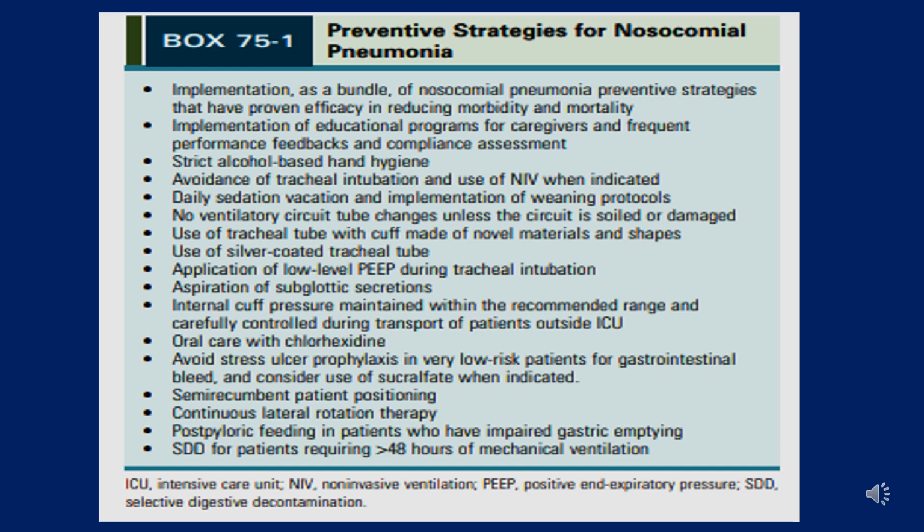Avoid stress ulcer prophylaxis in very low-risk patients for gastrointestinal bleed, and consider use of sucralfate when indicated. 14. Semi-recumbent patient positioning. 15. Continuous lateral rotation therapy. 16. Post-pyloric feeding in patients who have impaired gastric emptying. And 17. SDD for patients requiring more than 48 hours of mechanical ventilation.